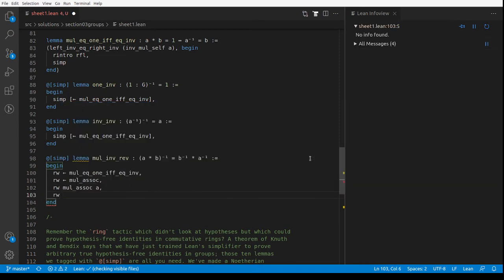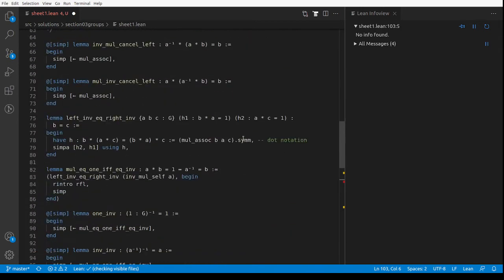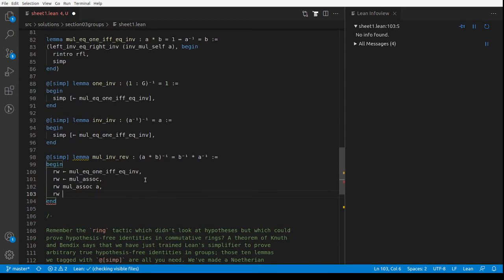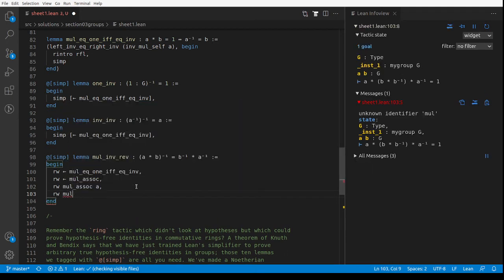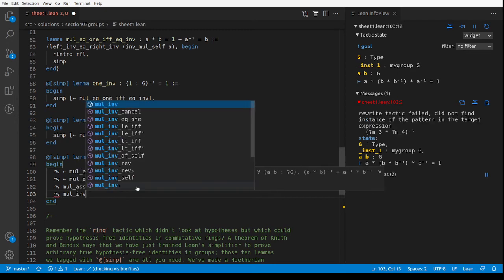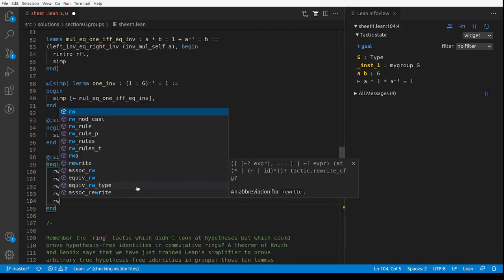Then we can rewrite, what's that called? Inv mul self or mul inv self. Which one will it be? Yeah, do we really want to do this? Rewrite mul inv self. Inv self B. This is somehow the whole point of the simplifier.